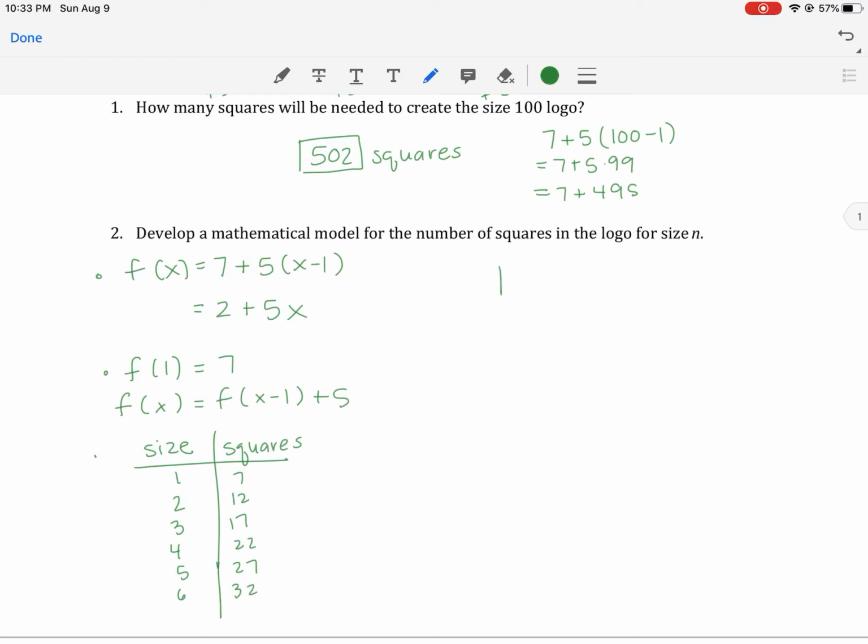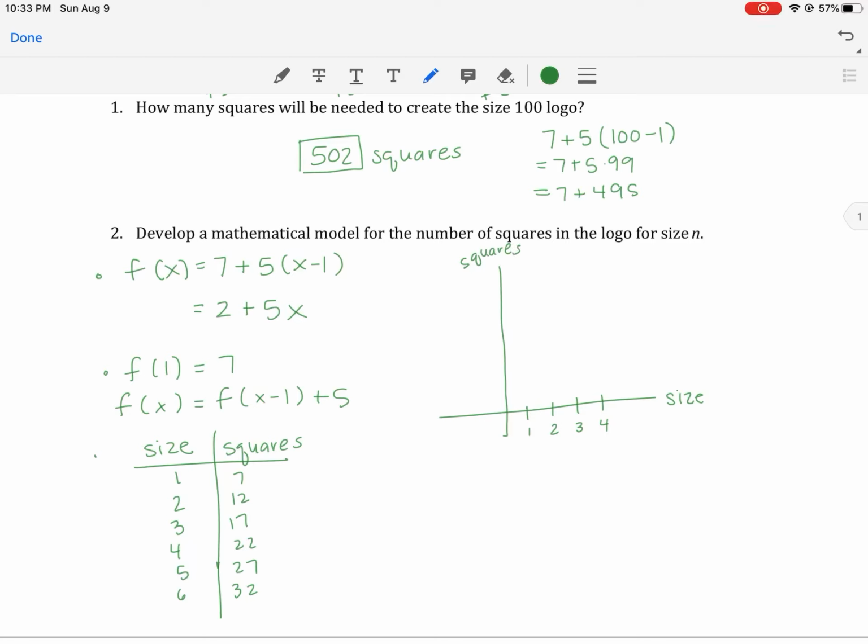You could have even had something like a graph. Remember, if you're going to do your graph, make sure you label things. This is the size, which we had 1, 2, 3, 4, and then we'd had squares up here.